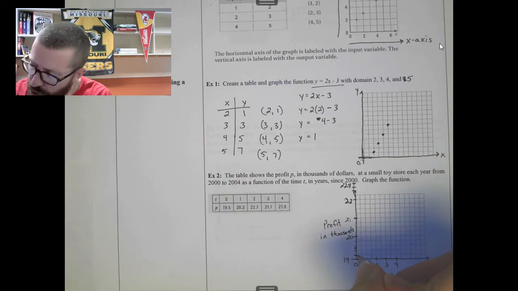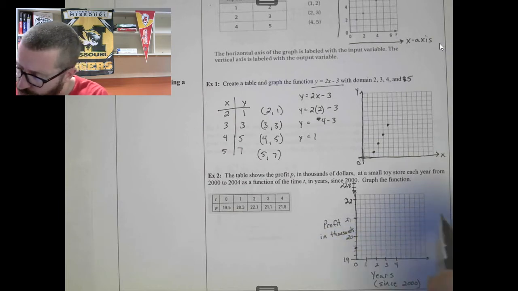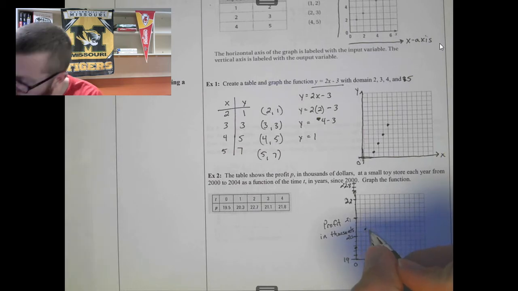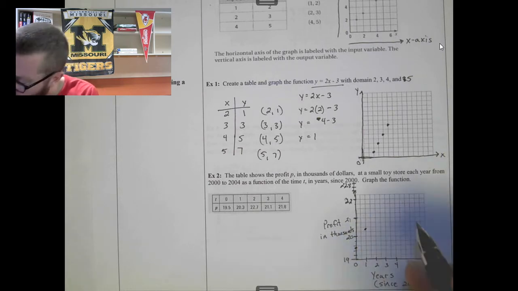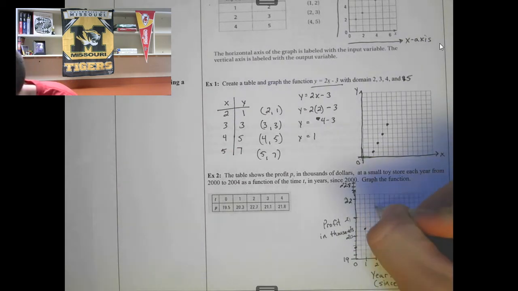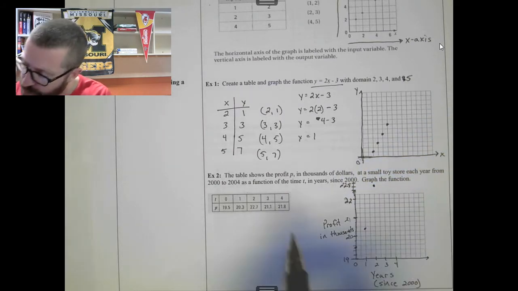I went by 2, so 19.2, 19.4, 19.5 is right there. And then 1 and 20.3, this is 20.2, so 20.3 is in between there. 2 and 22.7, that's all the way off my grid, but still on my graph. My highest point was 22.8, so we'll put it about right there.